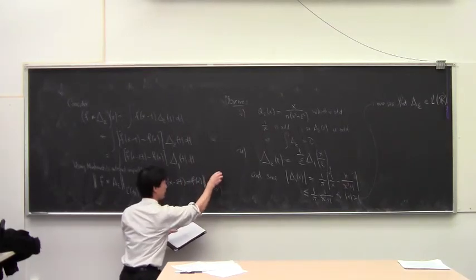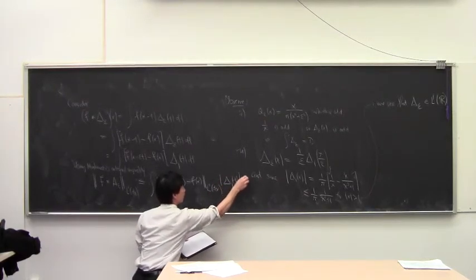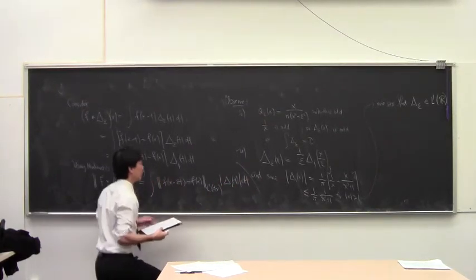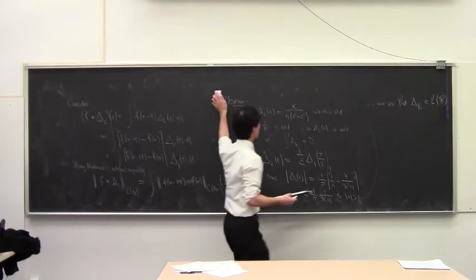And we pull out the delta 1 of t, since it doesn't depend on x.